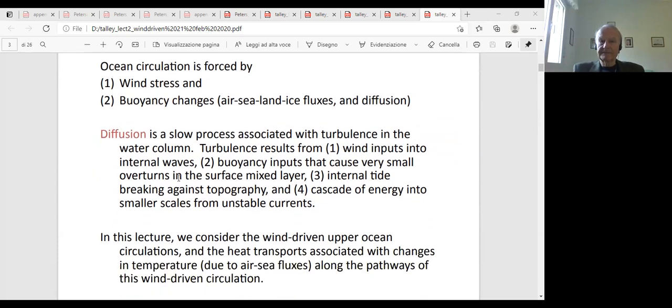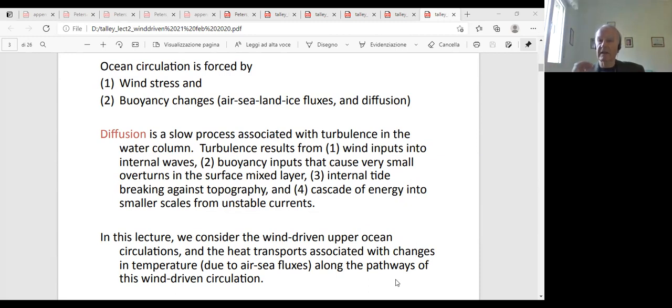But in this lecture, as it says here, the wind-driven upper ocean circulation and the heat transport associated with the changes in temperature along its pathway will be considered. So here we won't be talking too much about diffusion, but we'll consider the wind-driven upper ocean circulation and the heat transport associated with the changes in temperature due to the air-sea heat fluxes.